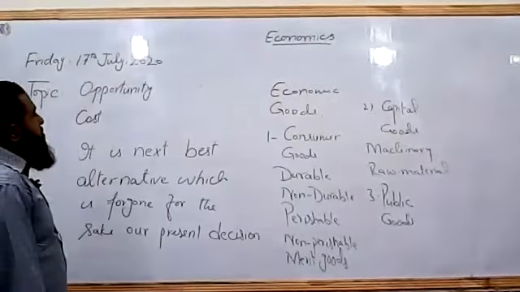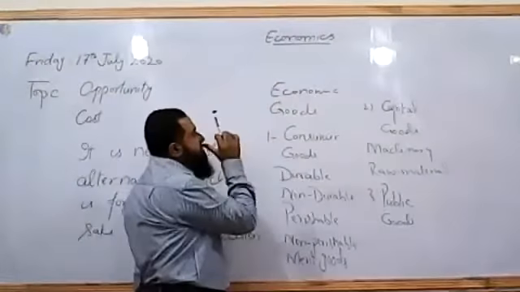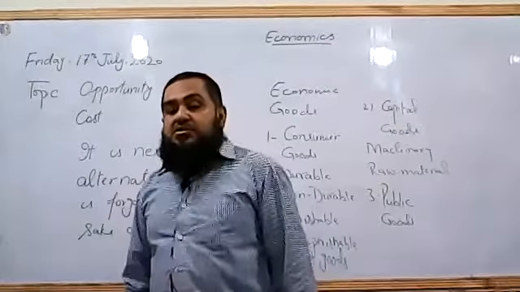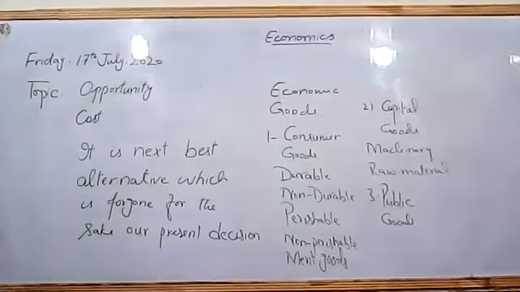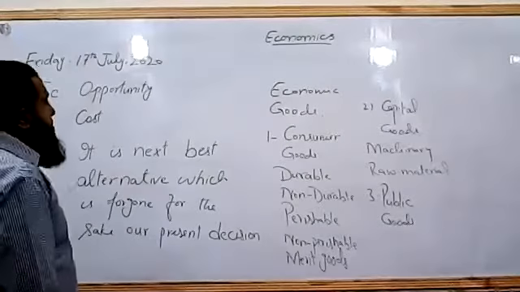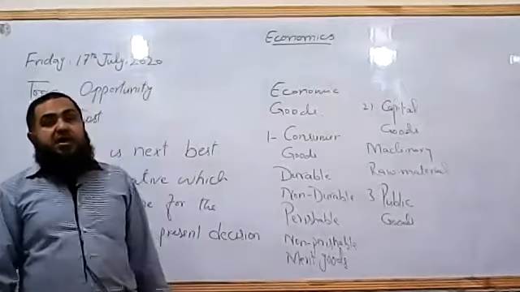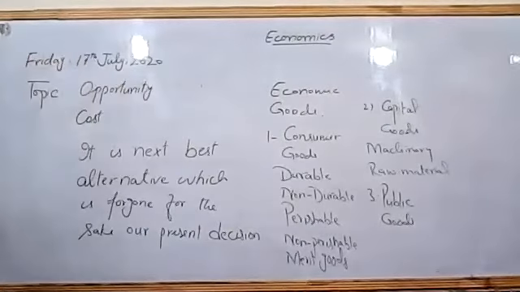So all these goods, they are economic goods because their opportunity cost is going to be positive, and they are limited, and they are also desirable by the consumers or society members. Or capital goods are demanded by the producers. Public goods, they are demanded by all the society members, but they will be supplied by the public sector or government sector.